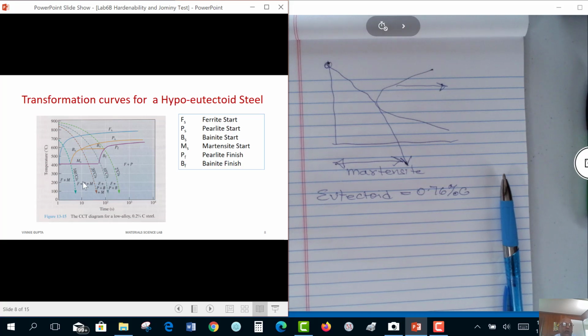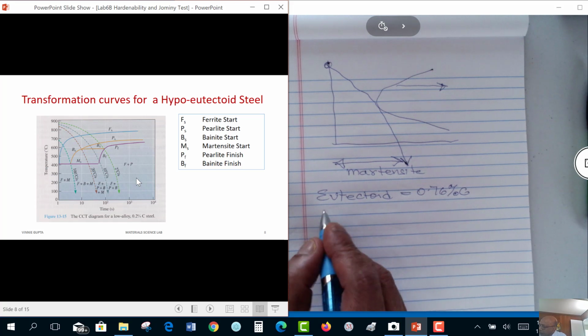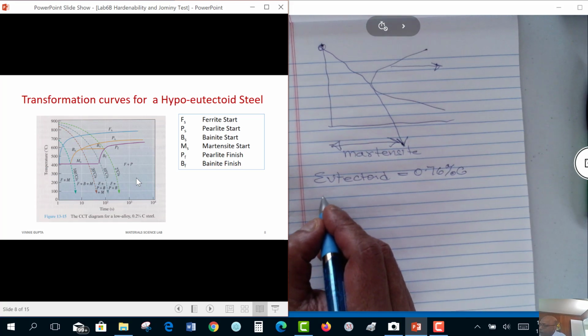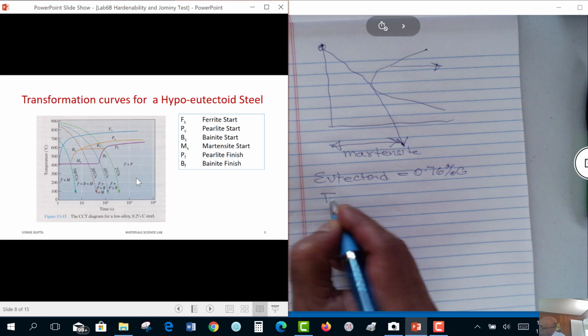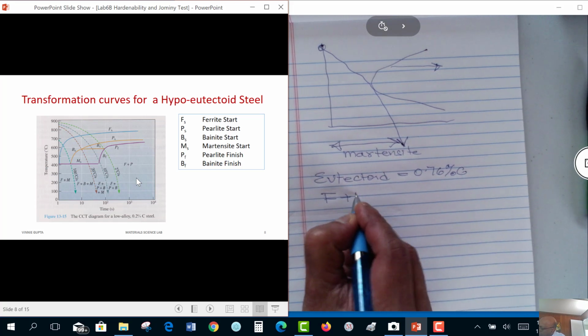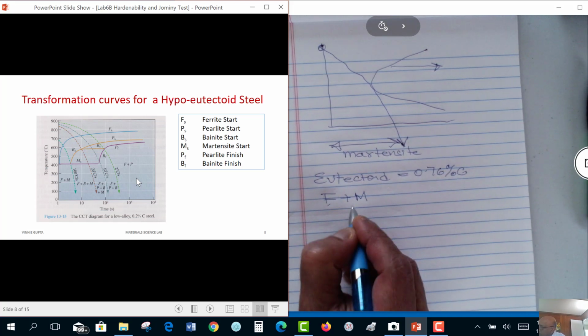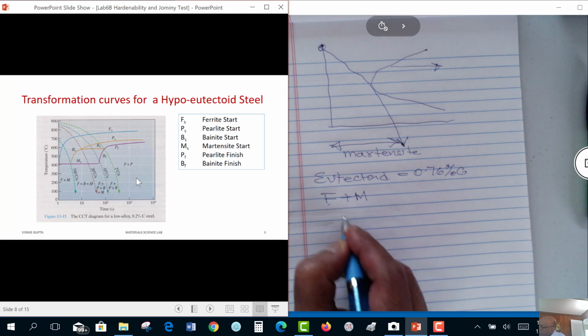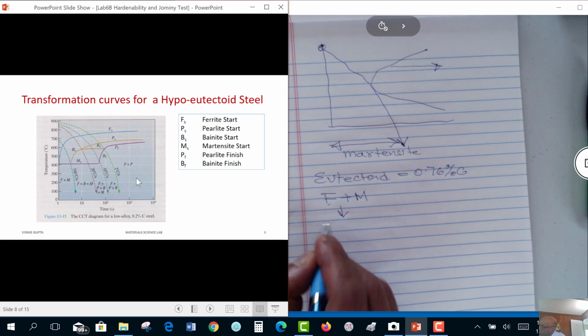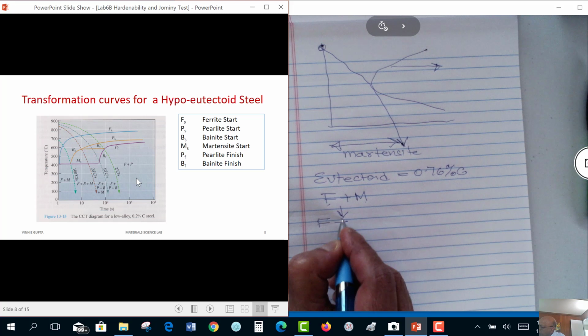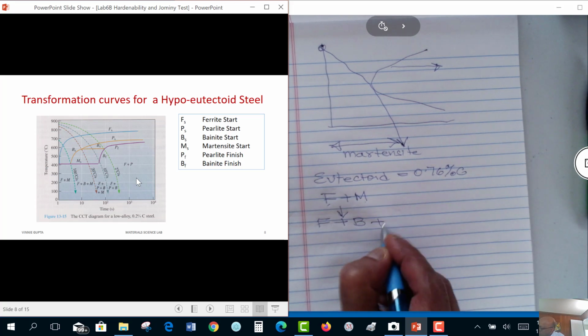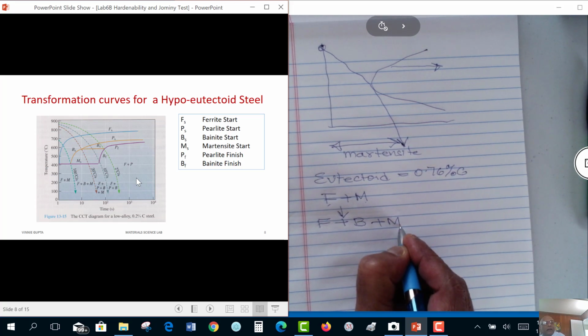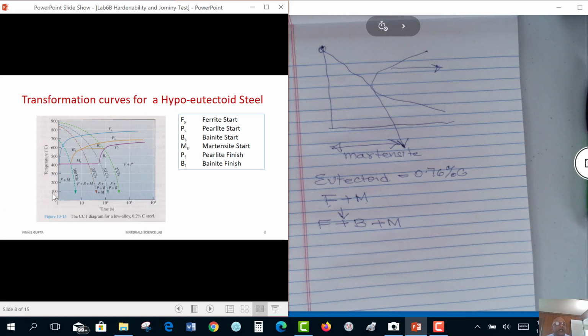So as we slow down the cooling rates, this is the kind of structures that can form. We can have pro-eutectoid ferrite plus martensite. Very soft, very hard. If we cool it slower, ferrite plus bainite plus martensite. So you can see I'm just reading it from left to right here.